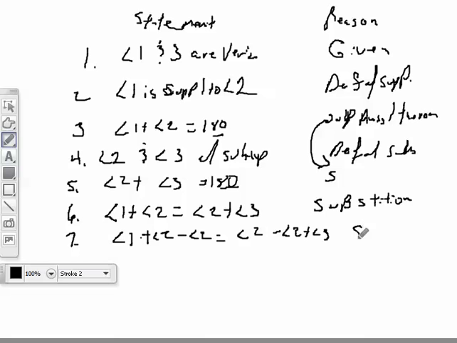And that's the subtraction property of equality. Well, what can I do next? 8. I'm going to say that angle 1 is now equal to angle 2. Why is that? Well, that was just gathering terms.